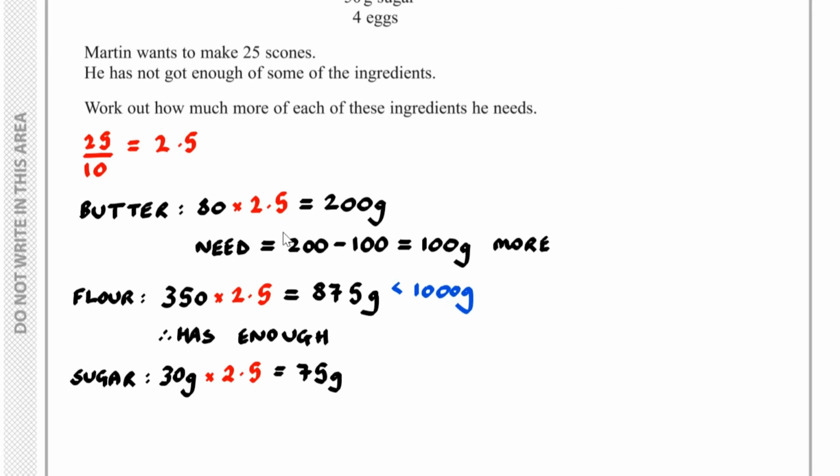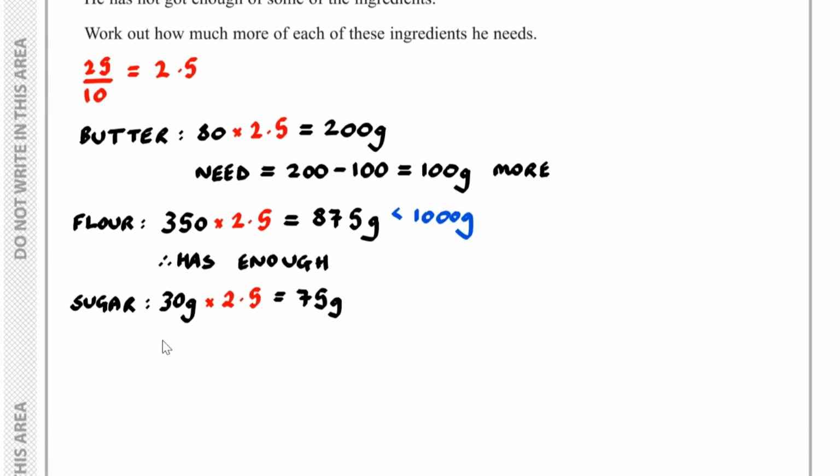How much do we have so far? We've got 50 grams so far. So the amount we need, well, that's 75 take away 50, which is 25 grams. So it needs 25 grams more sugar.